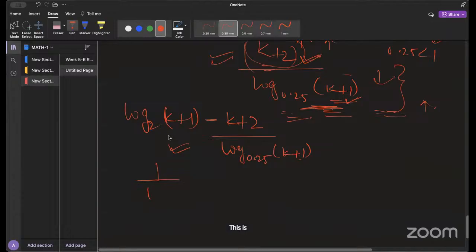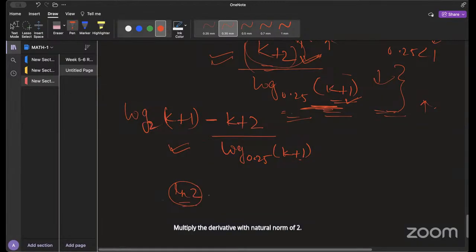What we'll do here is, because when you take 2 here, each time you need to take a natural log 2. So if you take base 2 here, you'll have to multiply the derivative with natural log of 2.